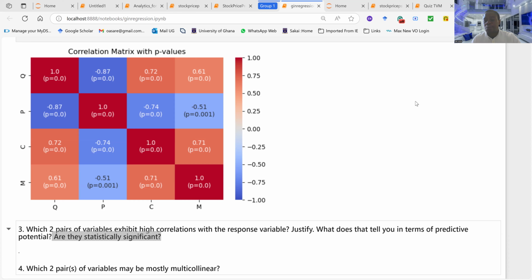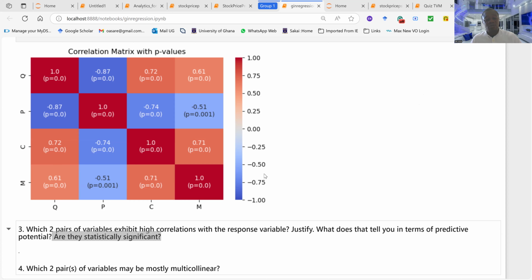So that makes it significant because it is less than 0.05. If the p value is less than 0.05, then it's significant. And if it is higher, then it's not significant. So since the p value recorded there is 0.0, I think it should be significant. Very good. You've made a very wonderful attempt.